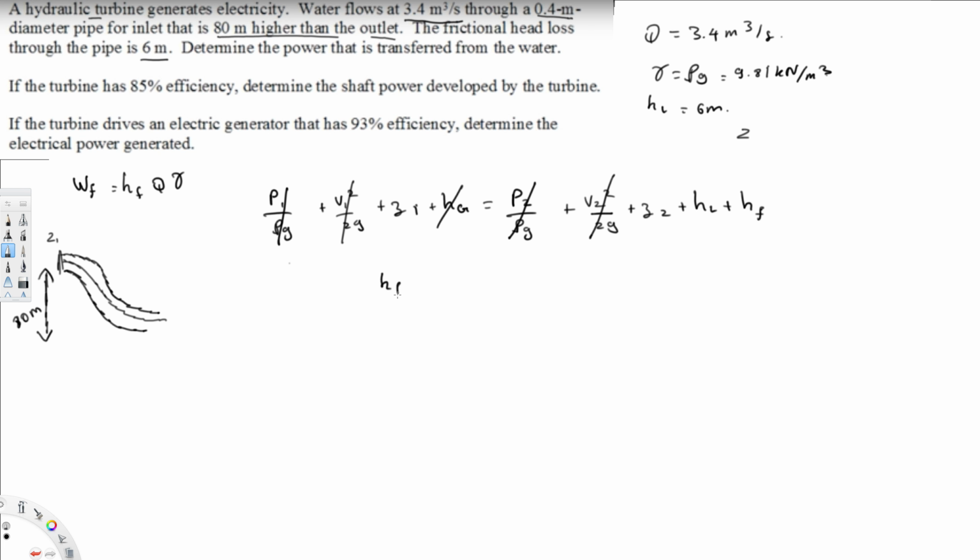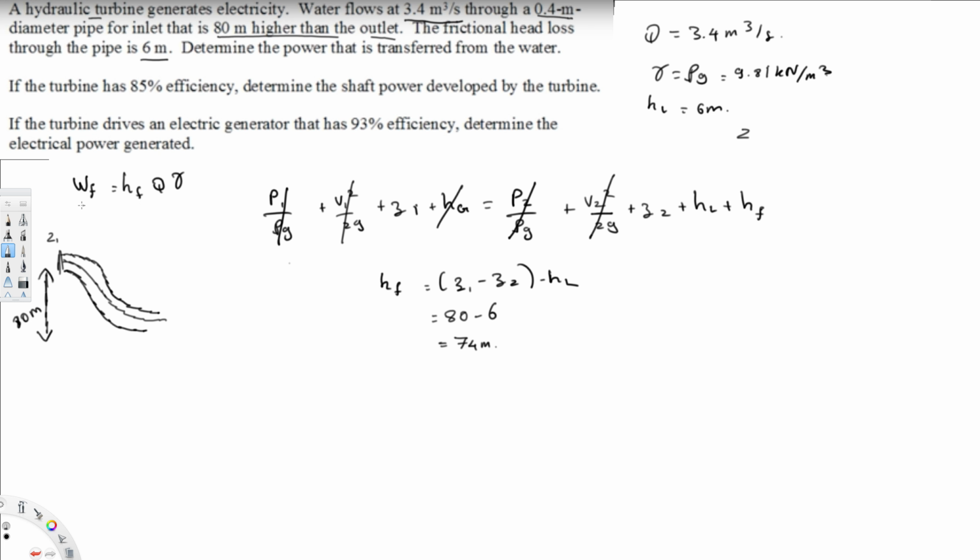So HF is equal to Z1 minus Z2 minus HL. Z1 minus Z2 is going to be equal to 80 meter. So we can put 80 minus the head loss, which is 6. That's going to give us 74 meter. So we have this head change.